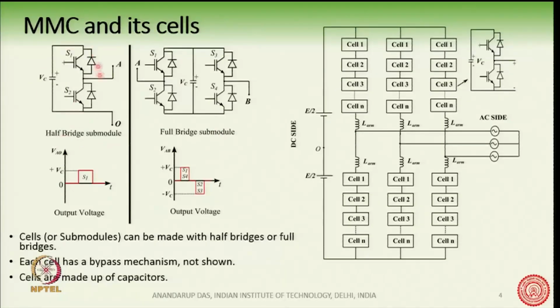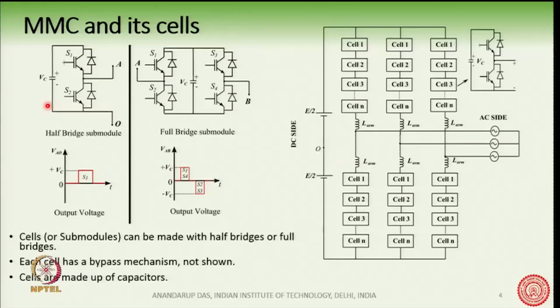This is one possible variant of the cell structure. This is half bridge and this is full bridge. This is the full bridge cell. In case of a half bridge cell, we see that there are two IGBTs like this, which of course are complementary in nature, otherwise it will short the DC bus, and this DC bus is formed of a capacitor. So, there is only one capacitor here.